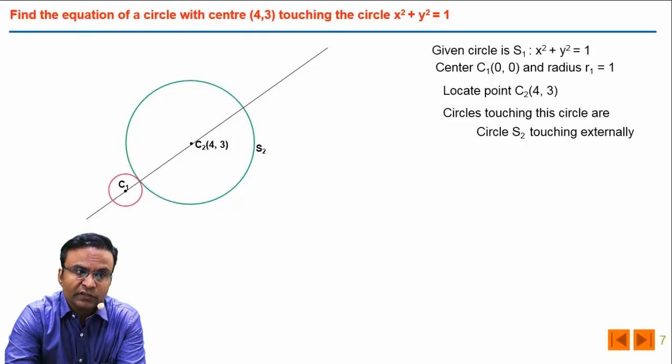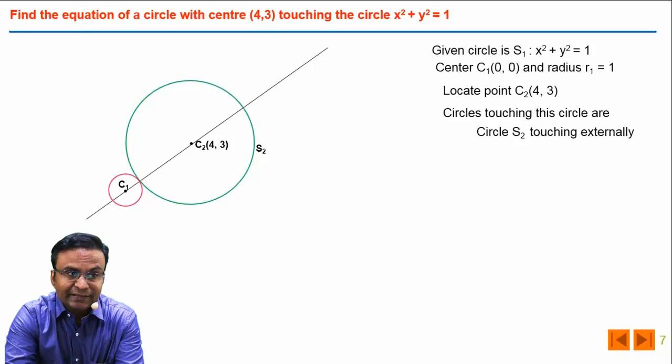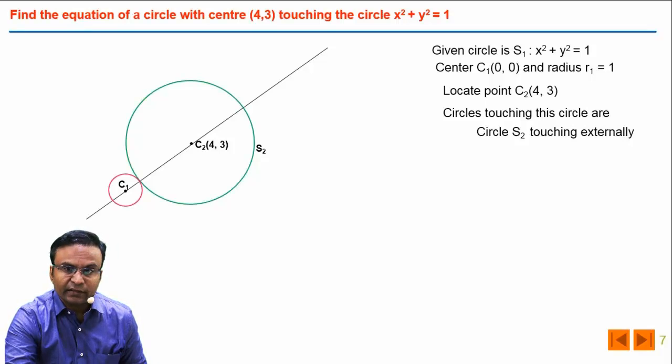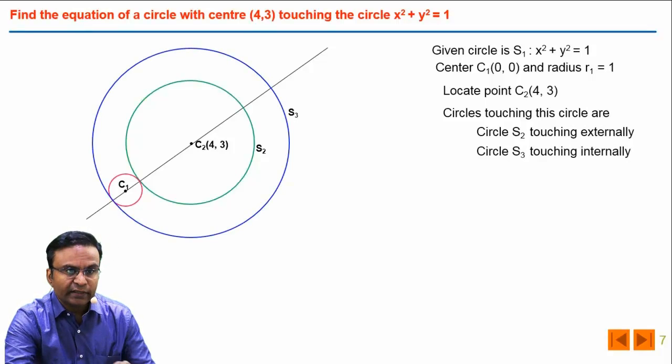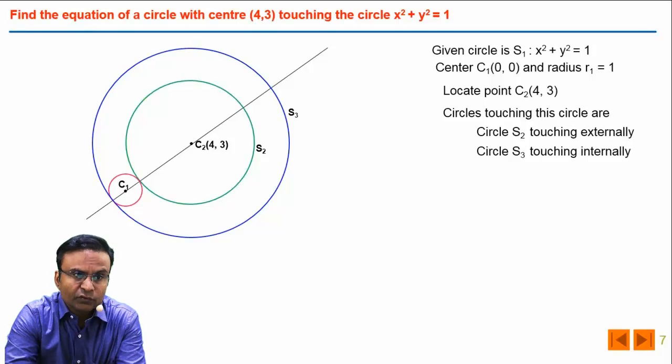We can draw one more circle touching this smaller circle internally. We have circle S3 touching this circle internally. For both the circles S2 and S3, center is (4, 3). One circle is touching the given circle internally and the other circle externally.